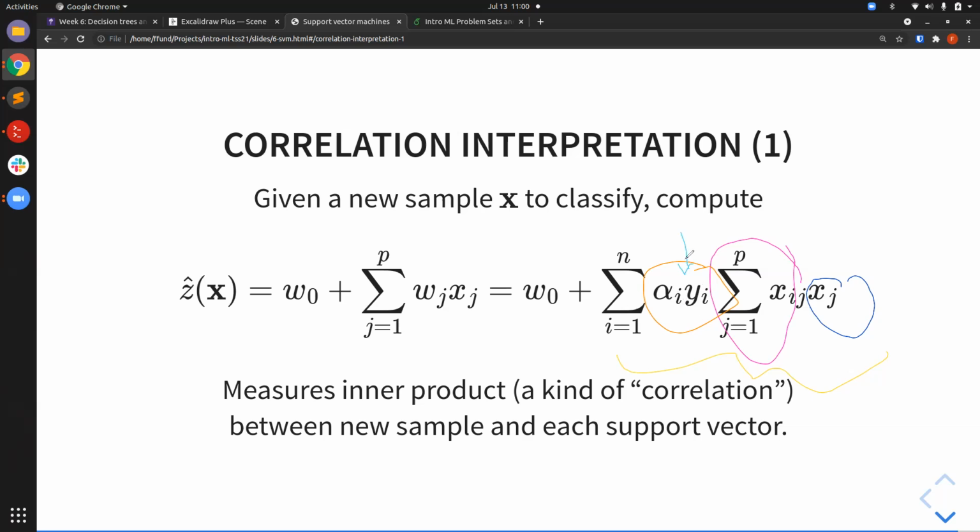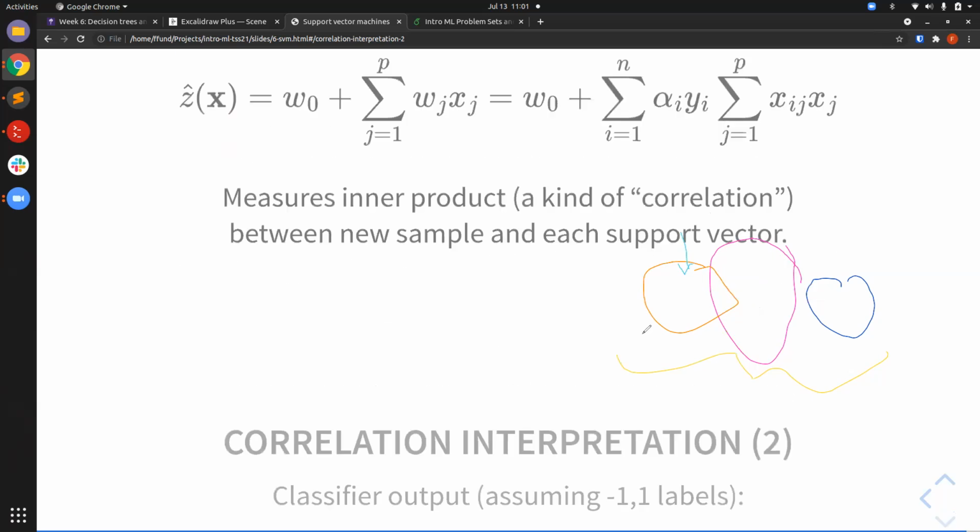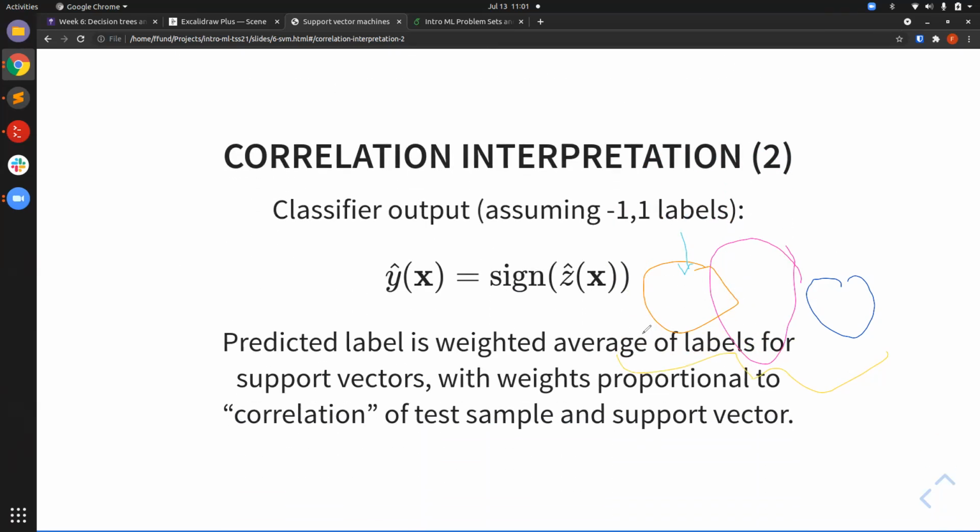You're taking the weighted average of the labels of all the support vectors, where the weight is according to both alpha and how similar the support vector is to your new sample. A more similar support vector counts more in your overall classification than a less similar one. Also, your alpha determines which points are support vectors. So it's like a weighted average of labels for support vectors.